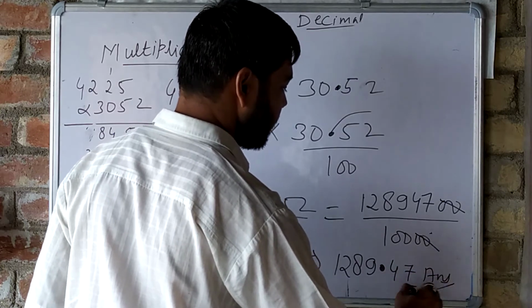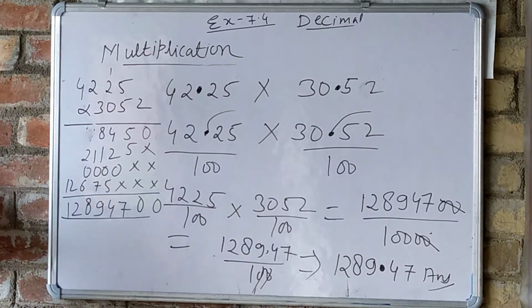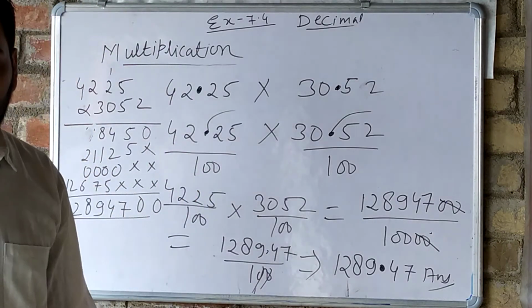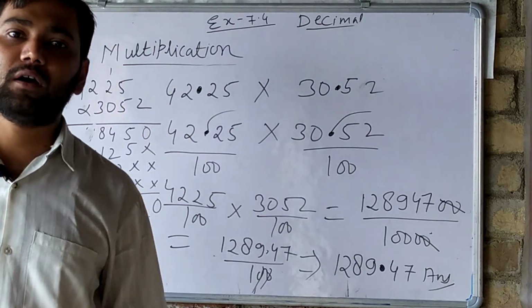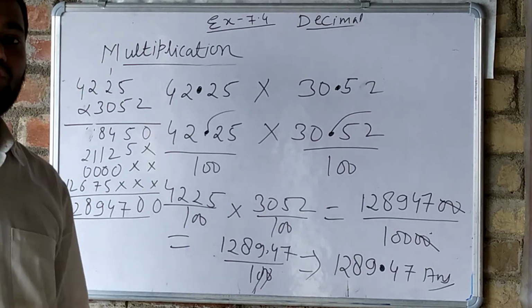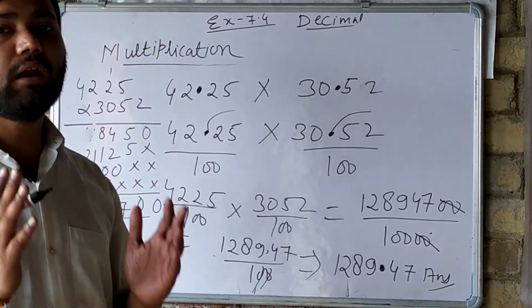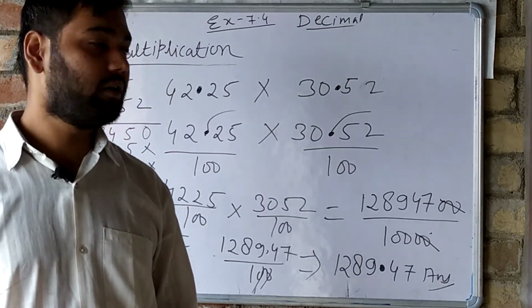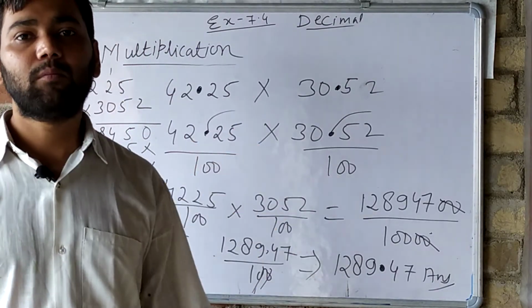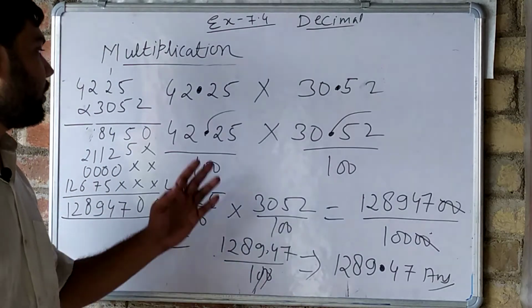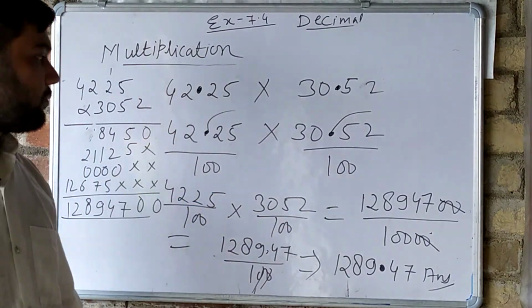This is the answer. So I think I have made it very clear how to multiply in decimals, so the solution will be easier. This is the best method by which we can multiply values in decimal form.